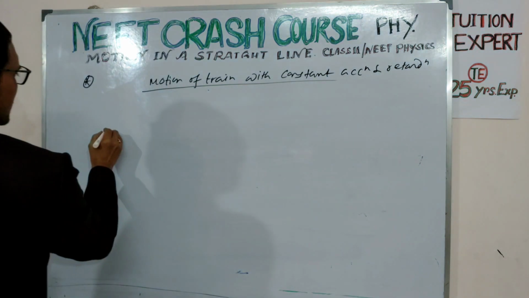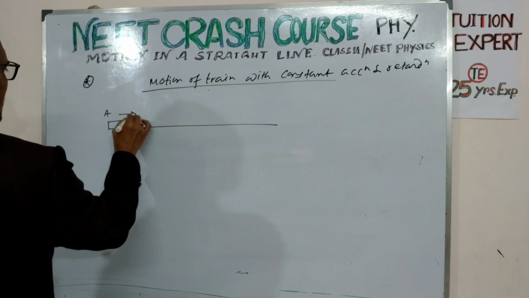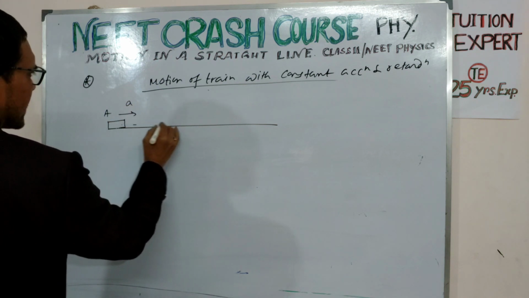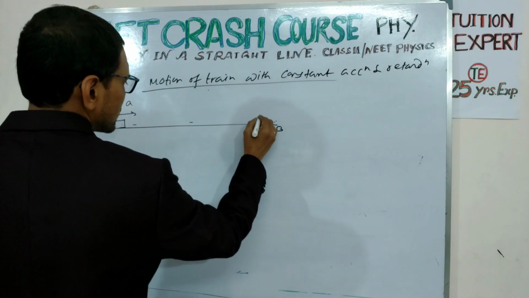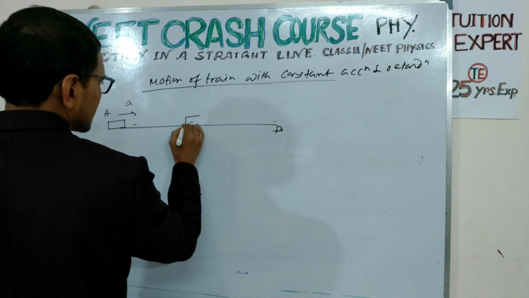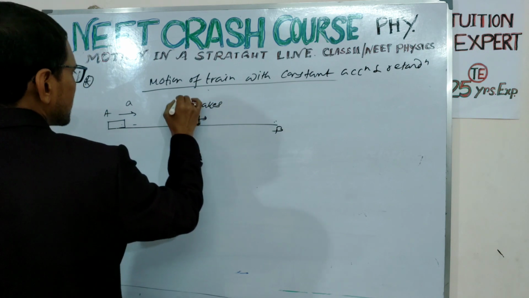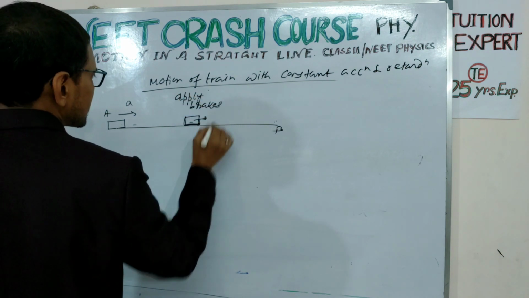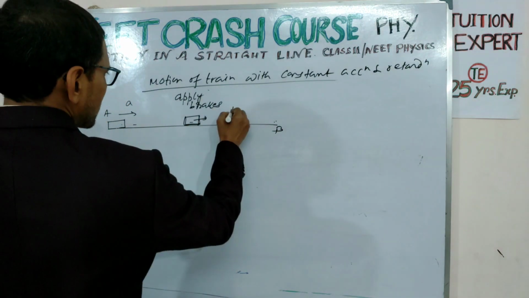A train starts from station A with constant acceleration, and before reaching another station, suppose B, the train applies the brakes, so retardation is produced. Now the retardation is suppose B.